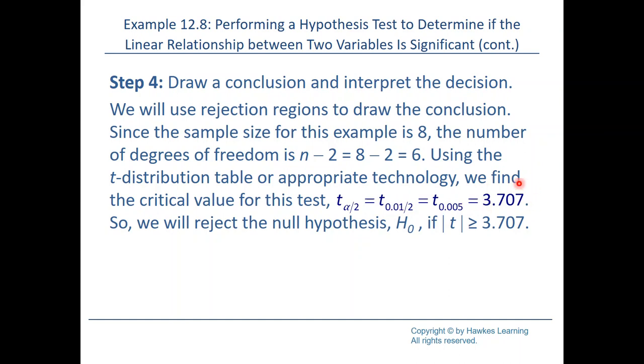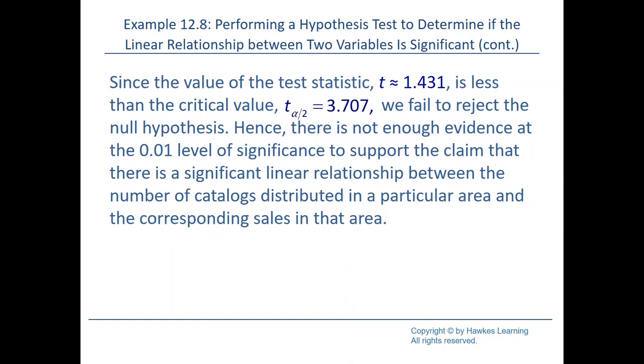This critical t value here is basically where I'm getting off for my reject zone. As long as the absolute value of that t is greater than or equal to this number, we're in the reject zone and we'll reject the null in favor of the alternative. In our case, our test statistic was 1.431, and that's smaller than my t alpha over 2.